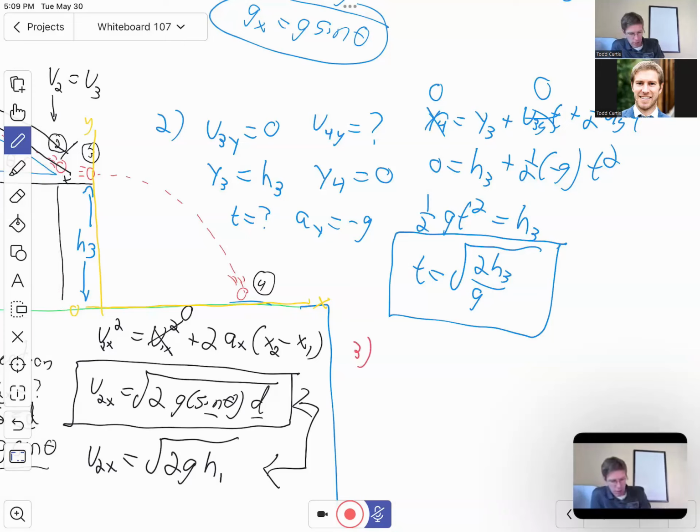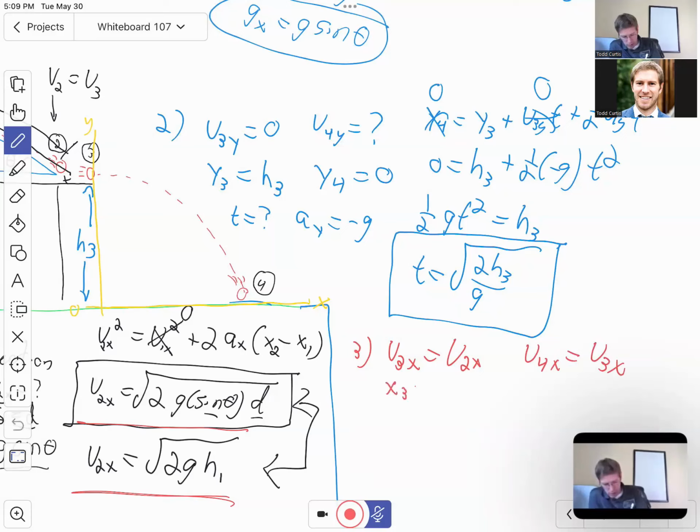And now we're asked to look at, again, 3 to 4, but in the x direction. Now this is a little easier because v3x is just going to be equal to our answer from question 1. So right here, it's just going to be v2x. And then v4x is actually the same thing, v3x, because ax is 0.